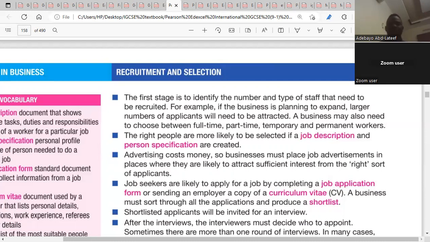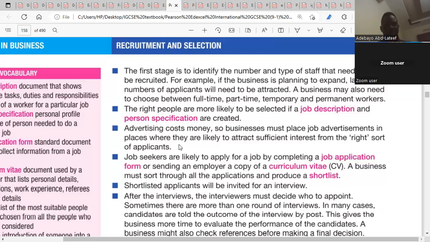Then we have person specification. For person specification, we're talking about the characteristics, the features of the individual that we need to fill the position. So which kind of person to fill up this position? That is person specification. It's based on the qualification, the experience, the expertise.